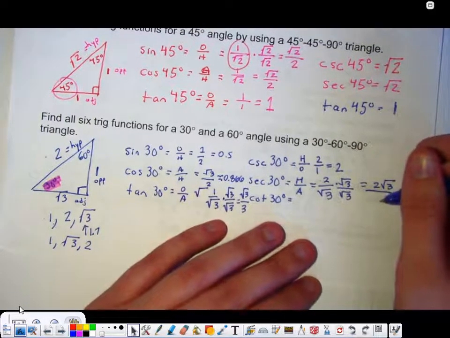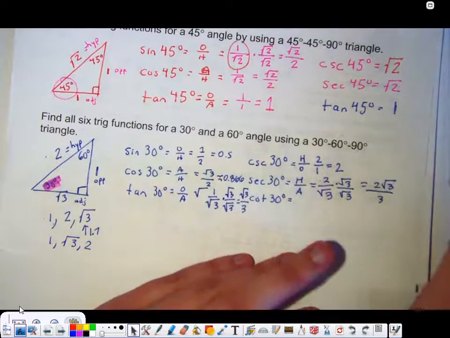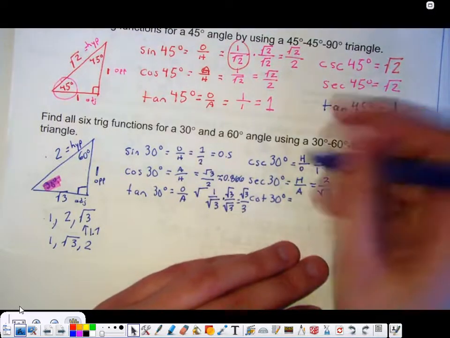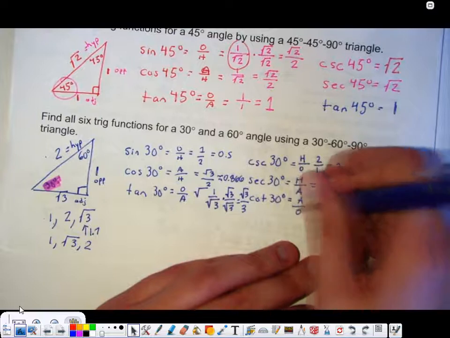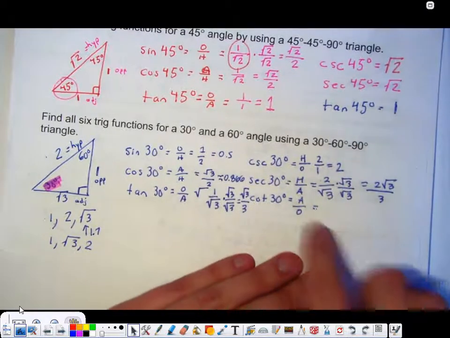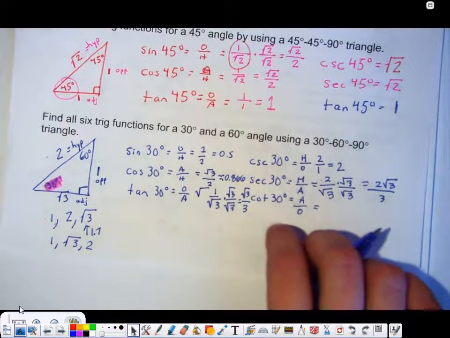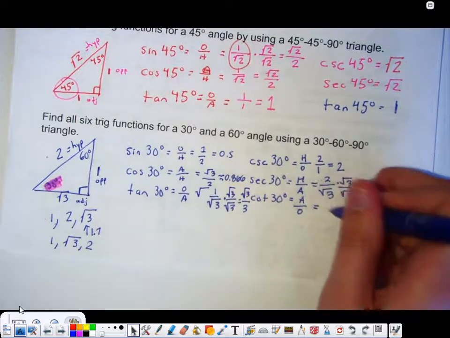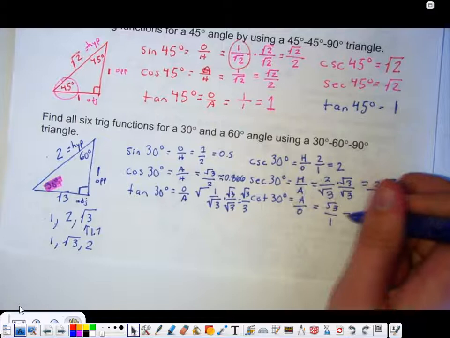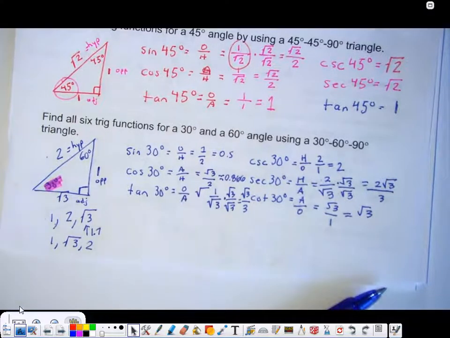Just 3? Right? Okay. Good, that's that. And then all I have to do is switch the last one again. And it just equals square root of 3.